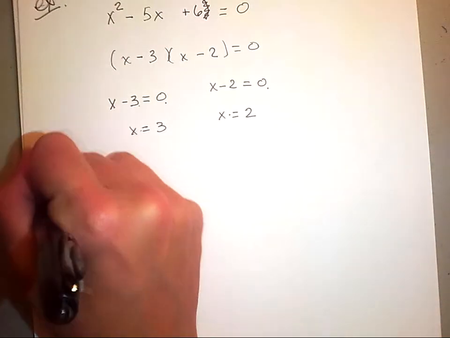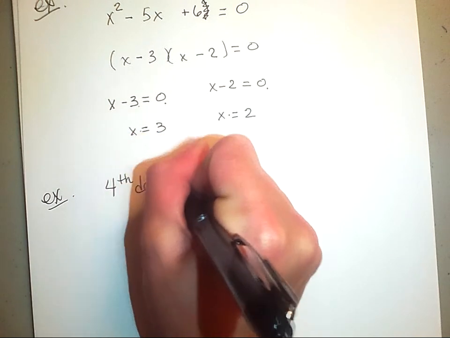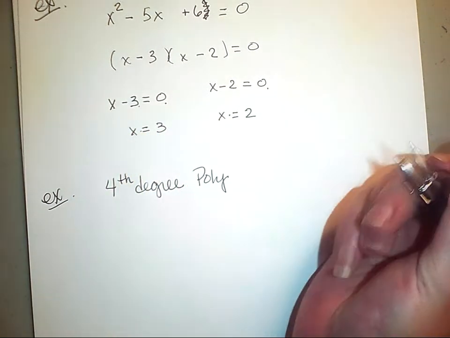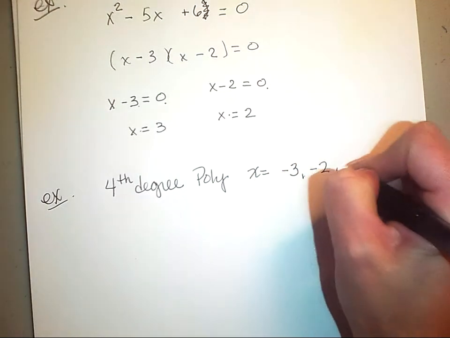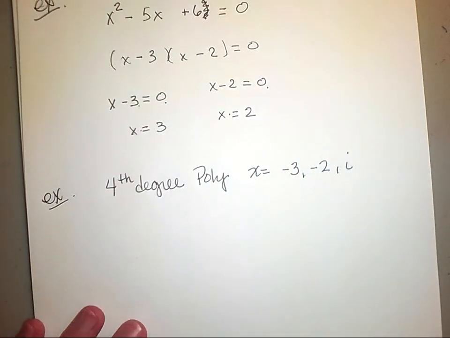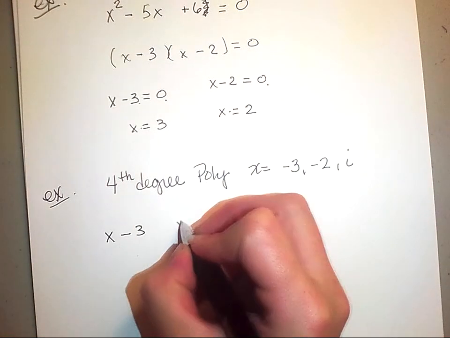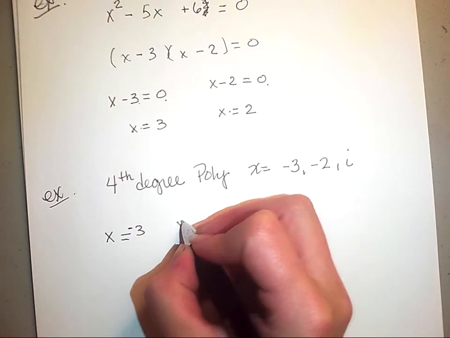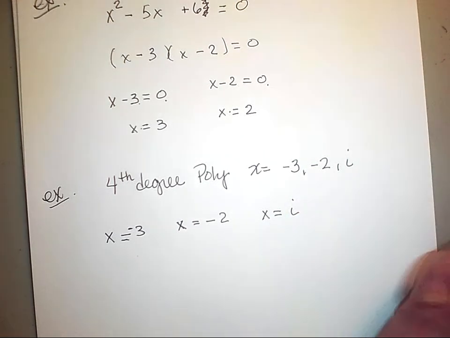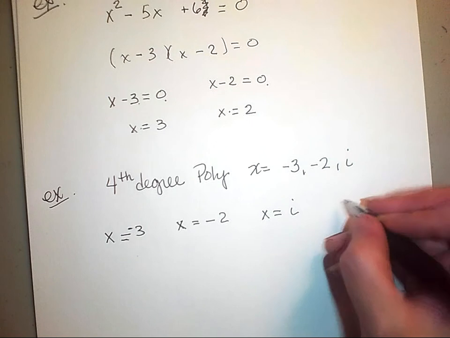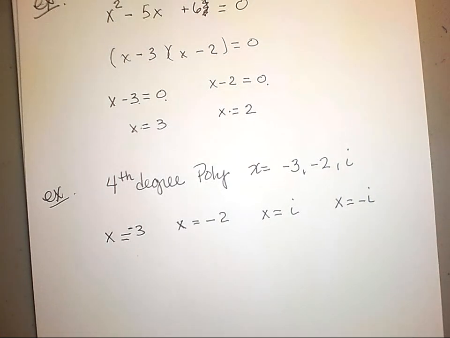Okay. So let's do something like that. Let's say that we need a 4th degree polynomial whose solutions are x is equal to negative 3, negative 2, and i. But remember, if we have i, we also have x is equal to negative i.